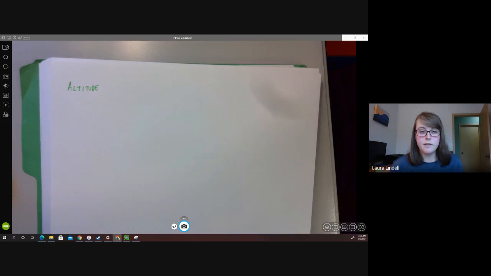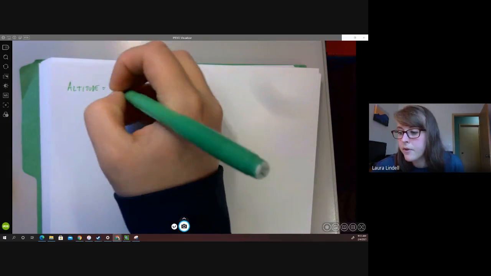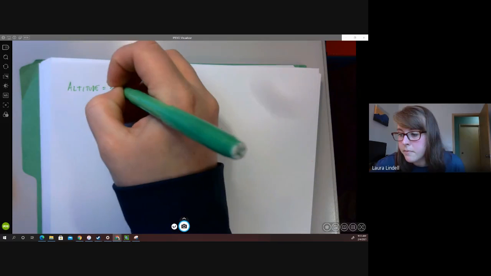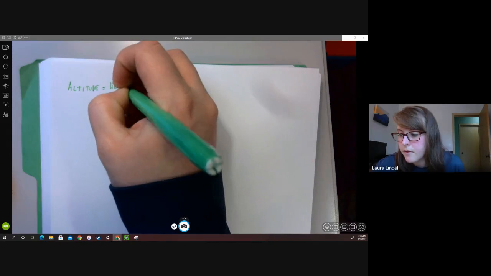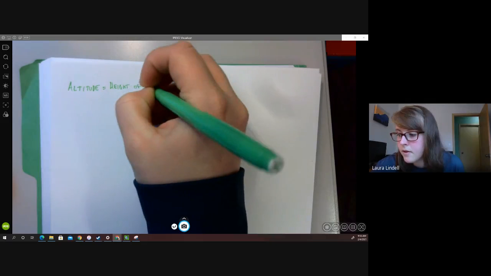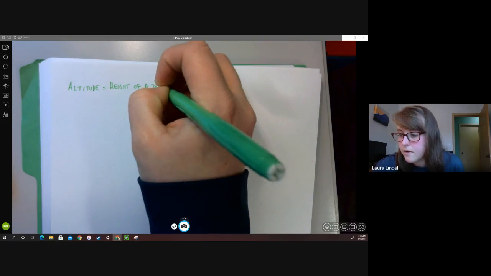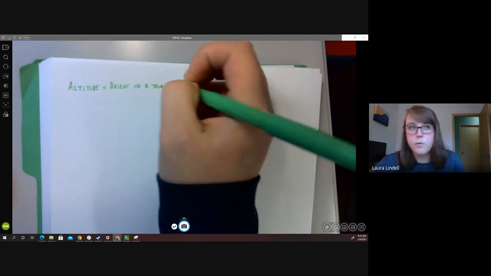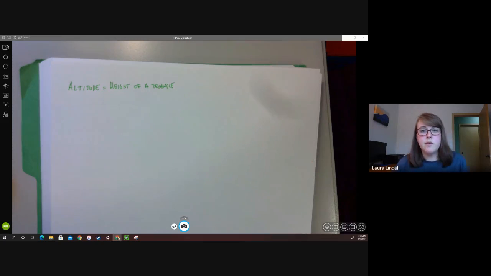Those are things that we associate with altitude in real life. Well, altitude of a triangle is no different. Altitude is the height of a triangle, which is going to become important when we do the unit on areas and things like that.